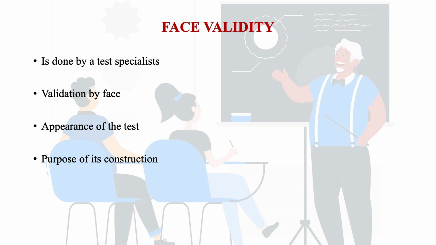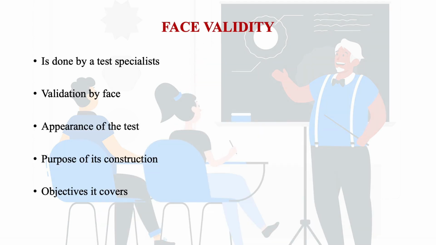Then further, the purpose of its construction: let's say you have constructed a tool for measuring achievement of the students, or intelligence of the students, or aptitude of the students. So here the subject experts or the specialist will go through the items.